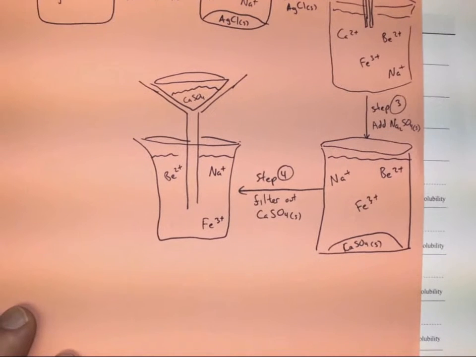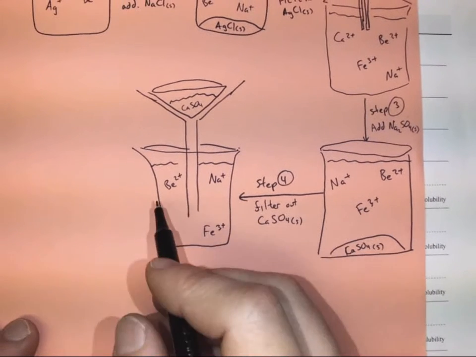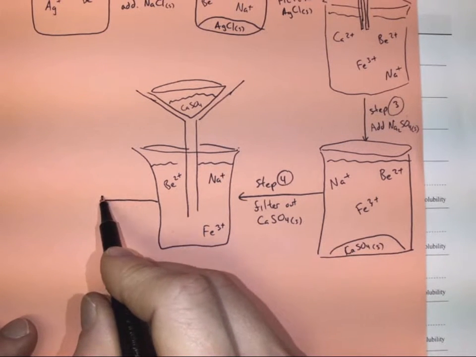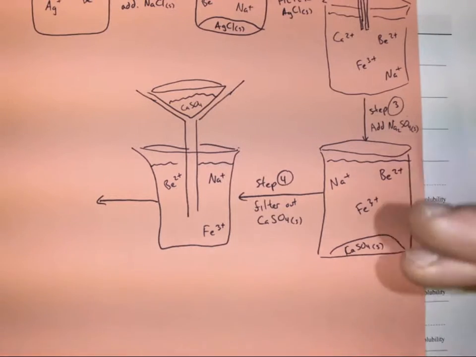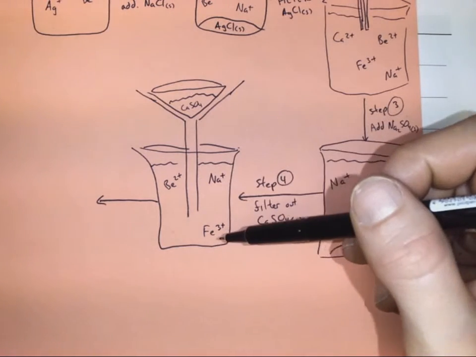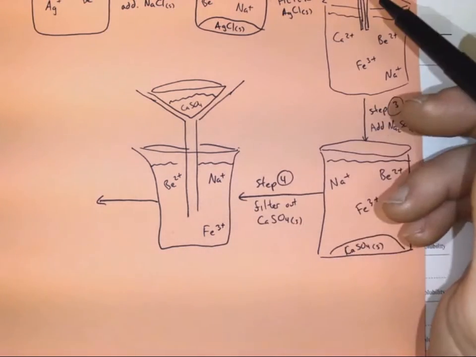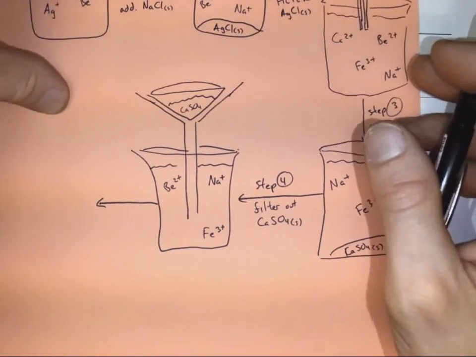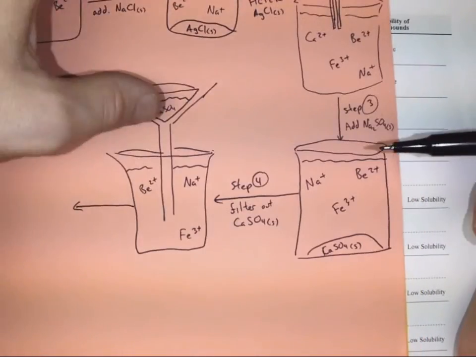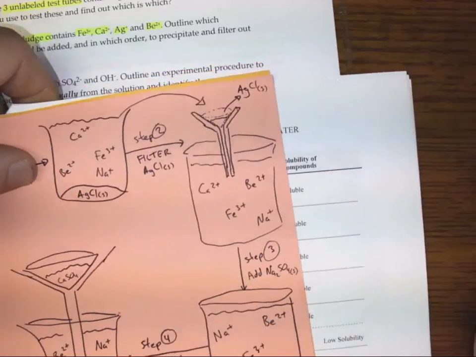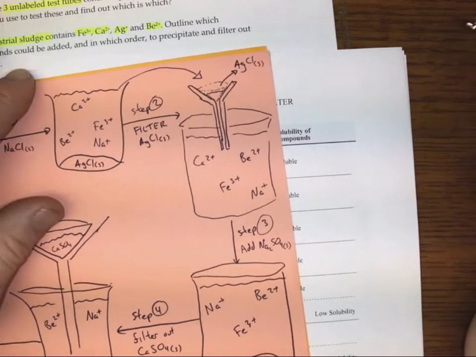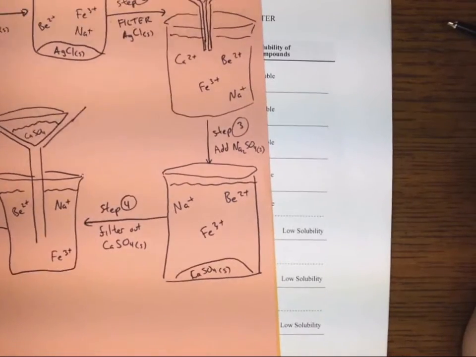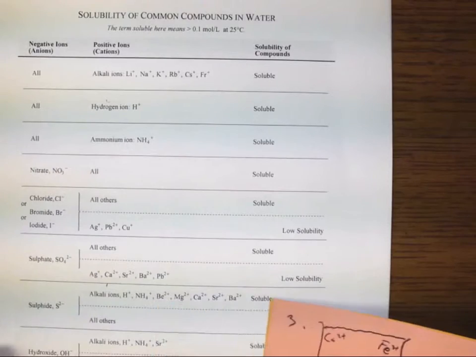floating around. Okay, and now we're going to need to add something that's going to take out either beryllium or iron without taking out the other. All right. So what do we have here? Beryllium and iron.